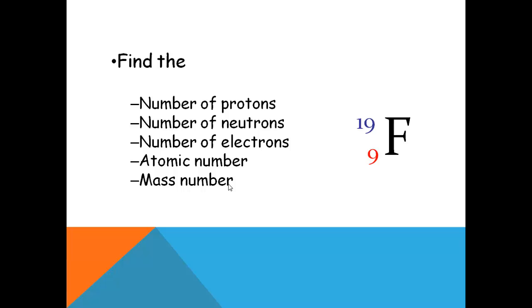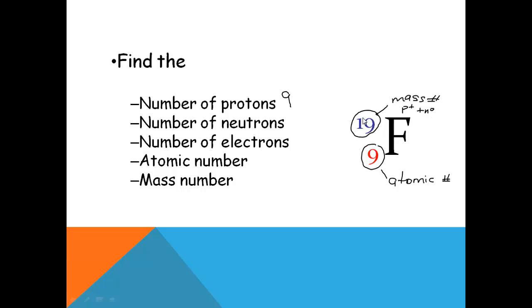Let's do an example. We have fluorine-19, with atomic number 9. What is the number of protons? Remember, this is the atomic number, so that tells us there are 9 protons in this atom. How do we figure out the number of neutrons? This number is the mass number, so it's the number of protons plus neutrons.